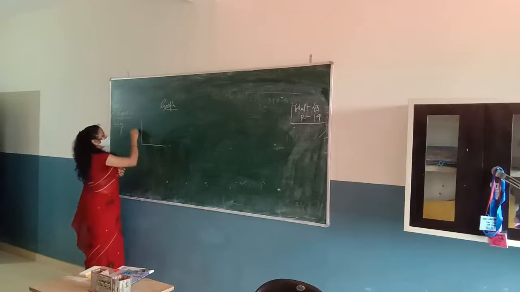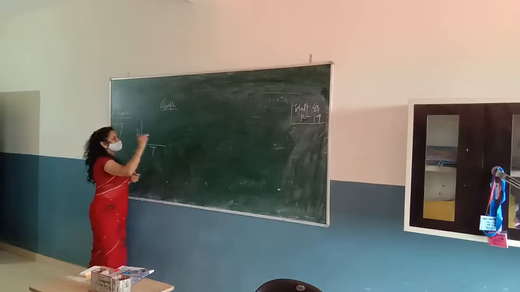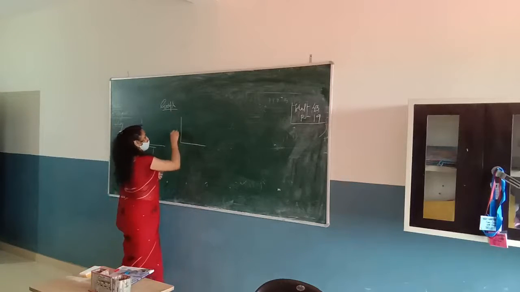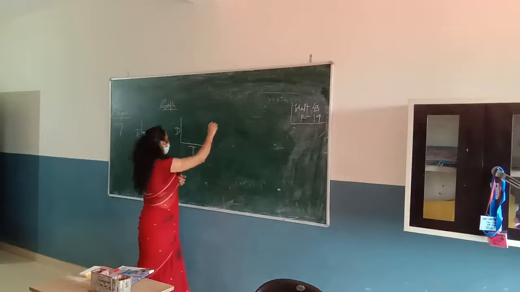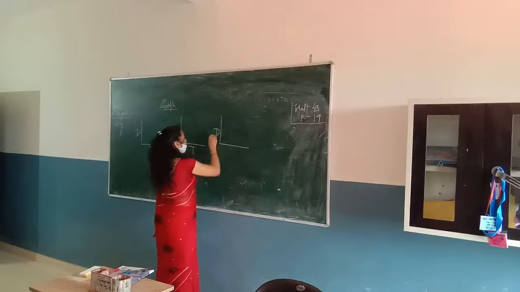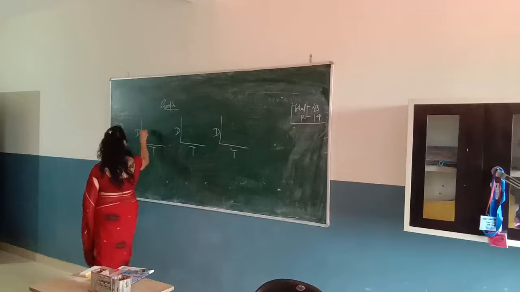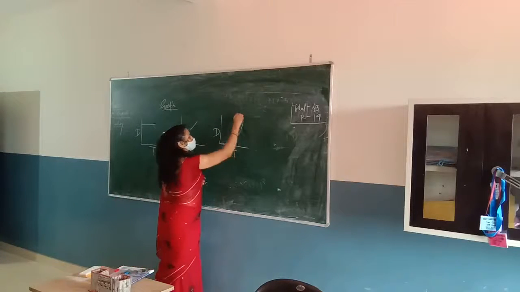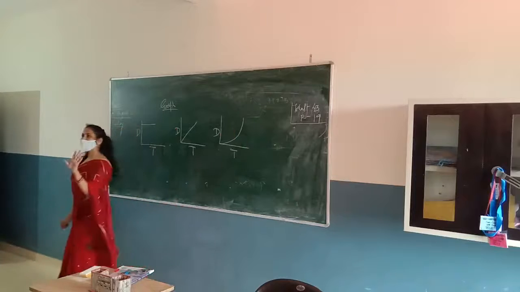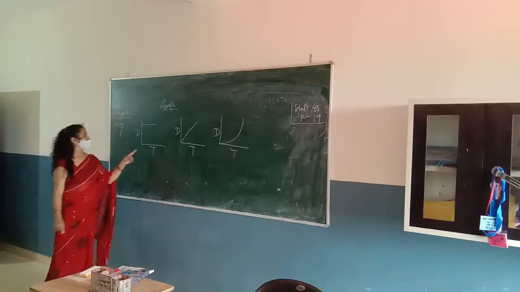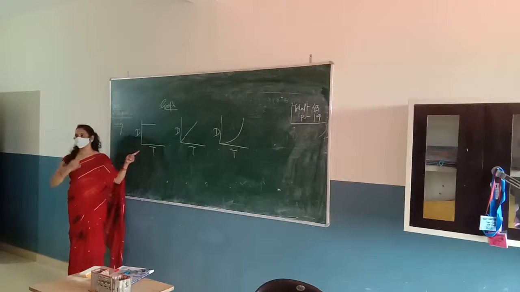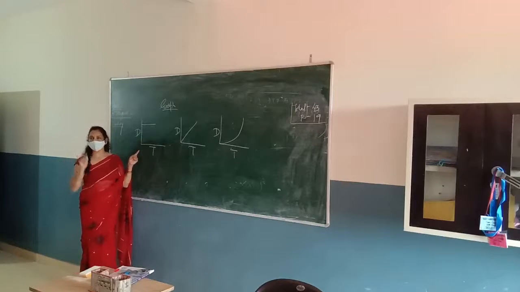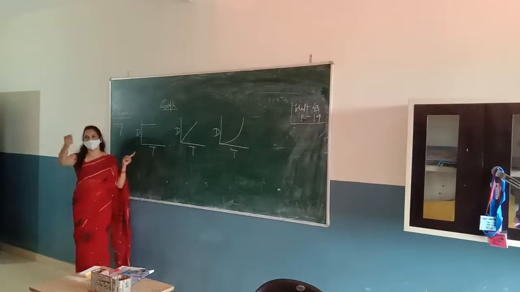So I am making some dt graphs here, and you have to tell me what type of motion is represented by these graphs. Okay? This is the dt graph. First is like this, second is this, and third is this. So, who wants to answer this question? Raise your hand. This is a distance time graph, and if it is parallel to the time axis, what is the meaning of it? Yes, beta.